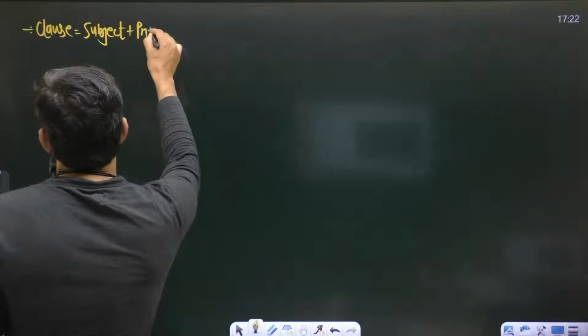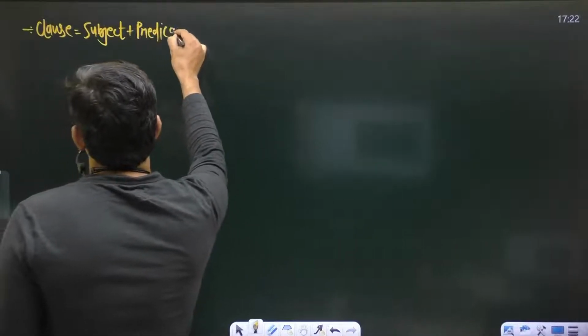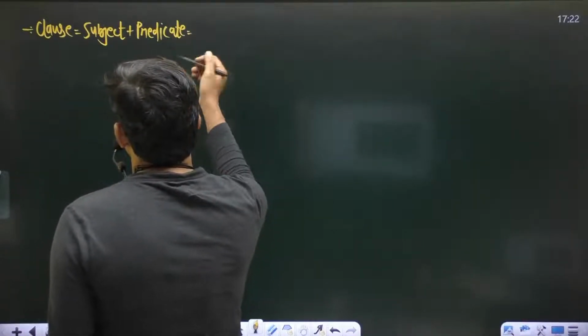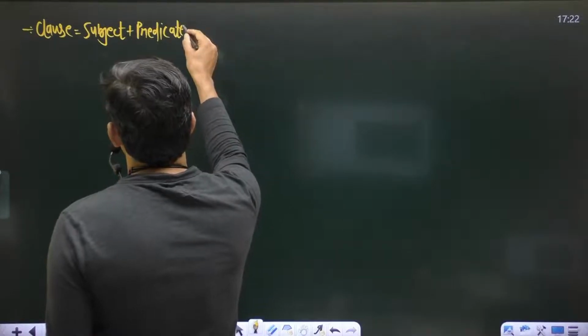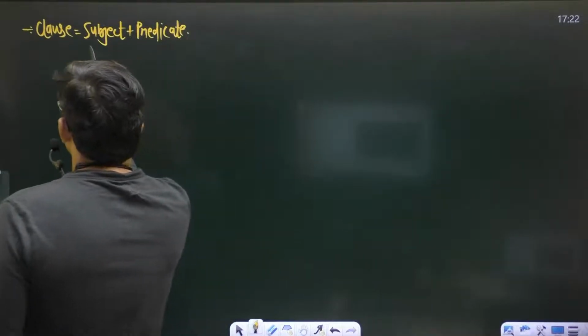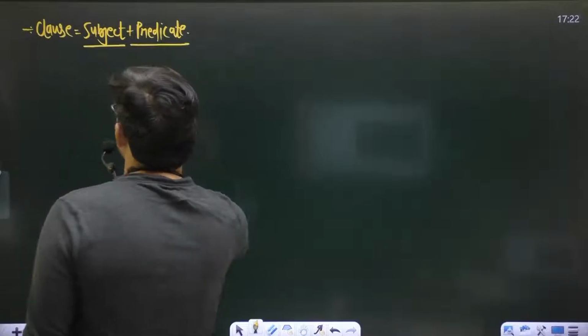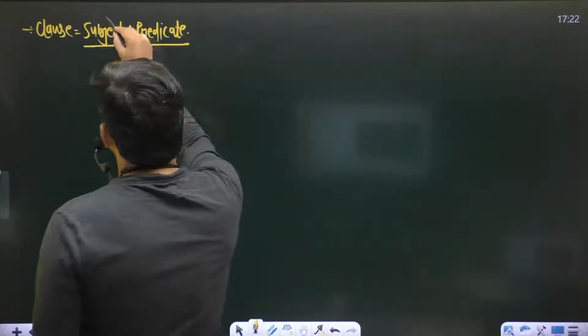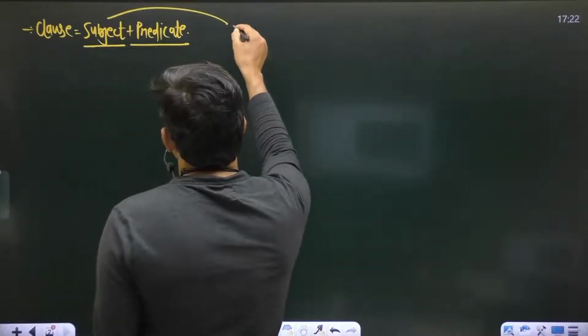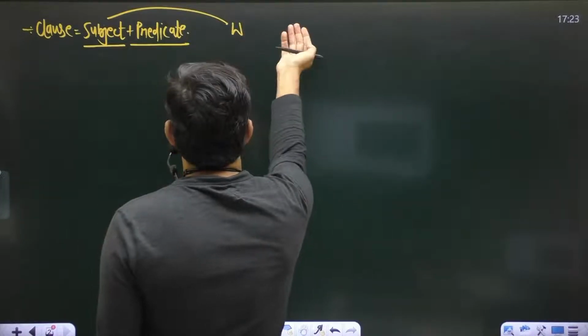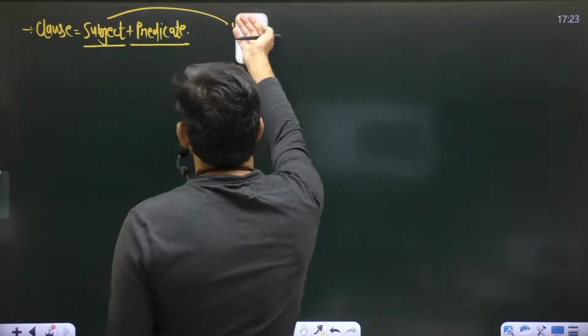Subject plus predicate, collectively it becomes what? Clause. Subject plus predicate is equal to clause. Okay. Subject is what? Subject is something, you can see.